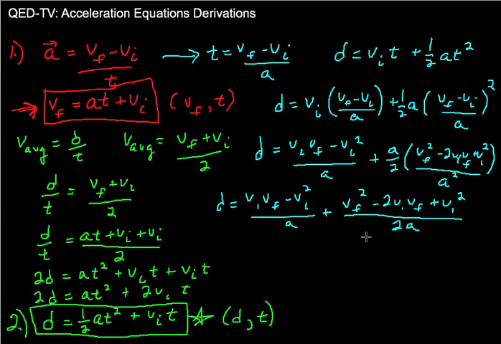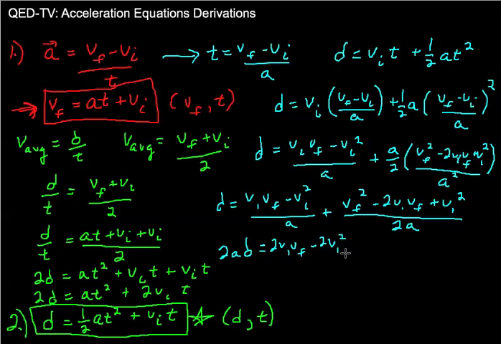So now I could take 2A times this whole thing. So I'll end up with 2Ad equals, and so what do I have here? If I multiply by 2A, the A's will cancel out, but I'm going to have a 2 on the top. So 2 Vi Vf minus 2 Vi squared.